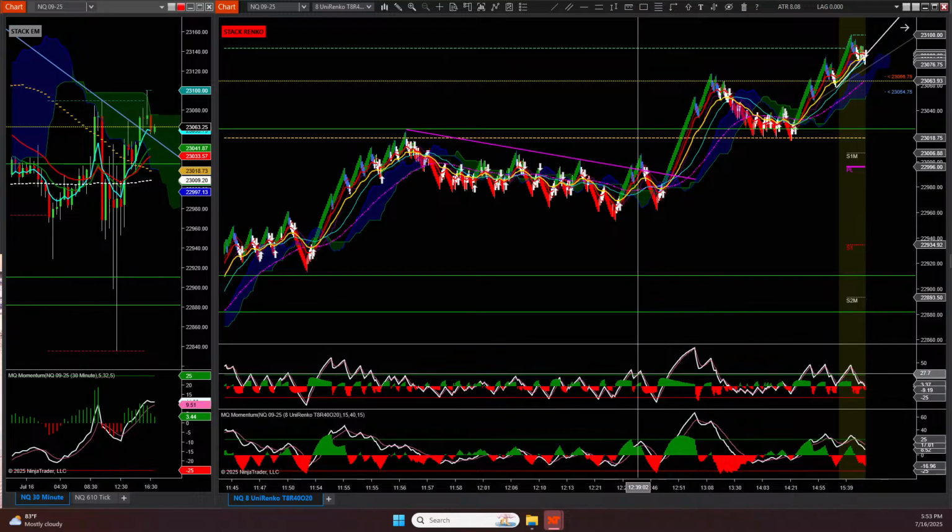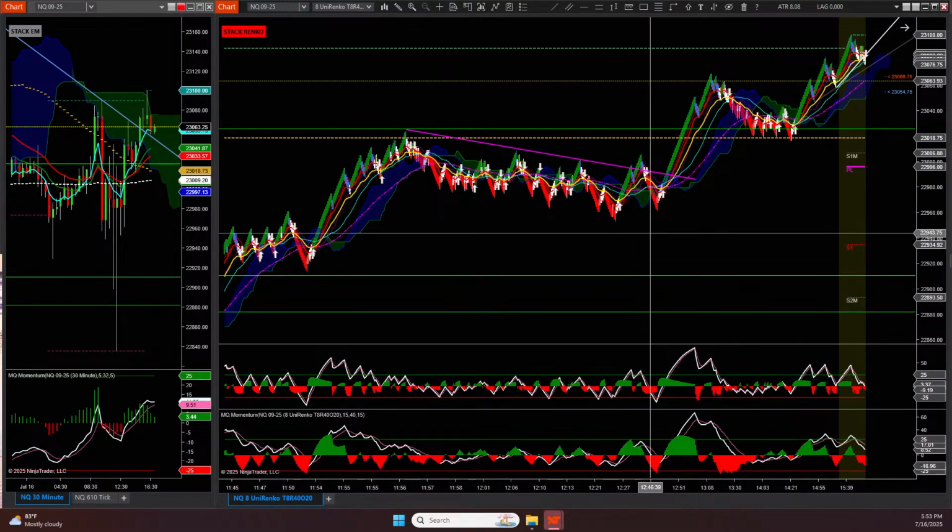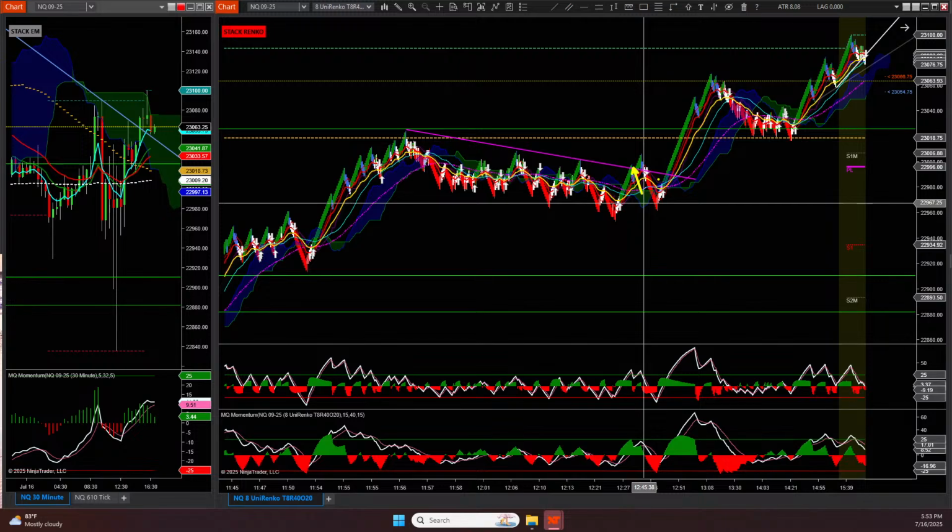good here actually. So you probably would have been tricked if you took this break, and then it made another attempt to come back down, and then made a higher low right here, and then goes up and breaks there.